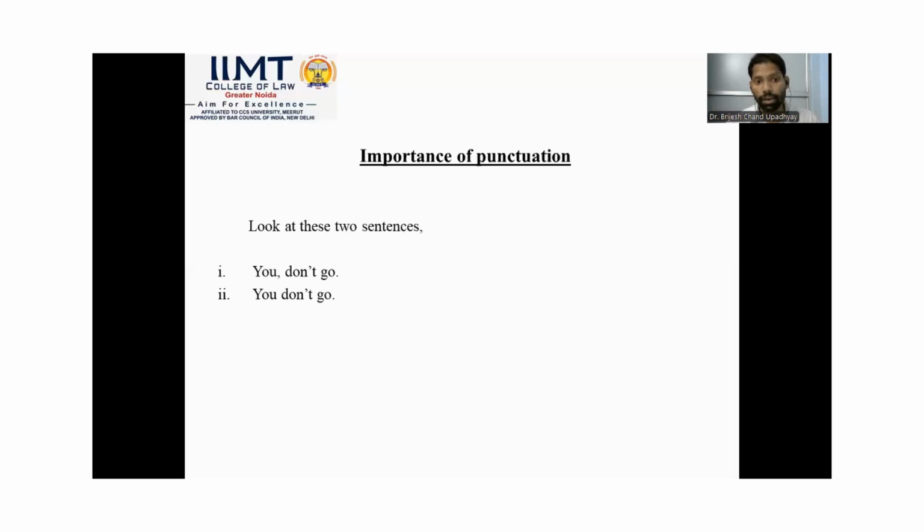Let's see what the meaning of this is. The first sentence, just because of a comma, has become an imperative sentence. The other is assertive, which is negative: You don't go. Can you see this? Just because of a comma, it has changed the meaning.